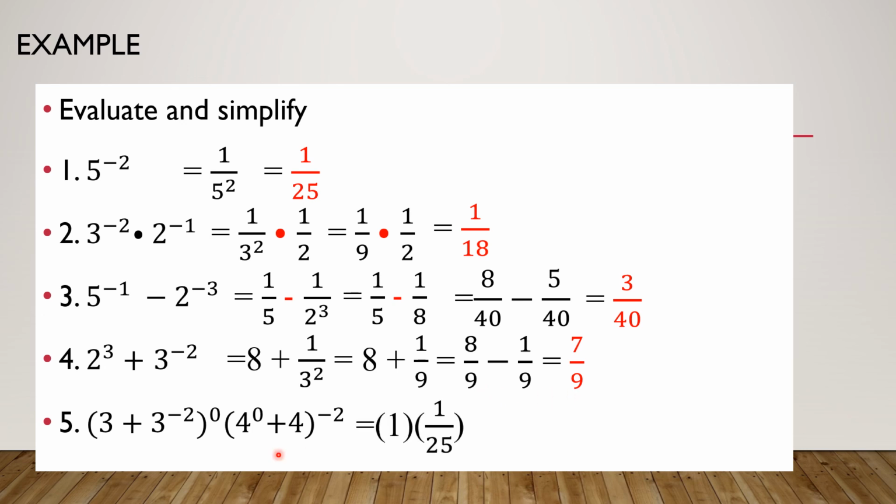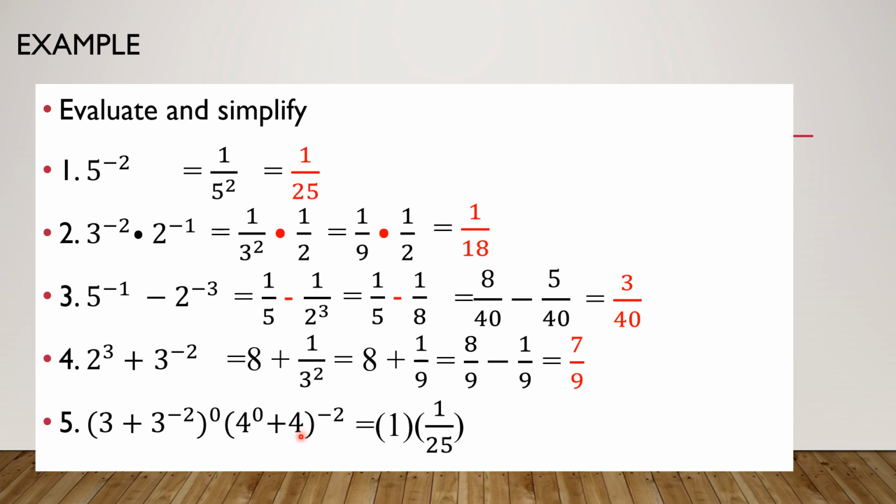Then, for number 5, since the exponent is 0 outside the parentheses, then it is equal to 1. Then, 4 raised to 0 is equal to 1 plus 4.